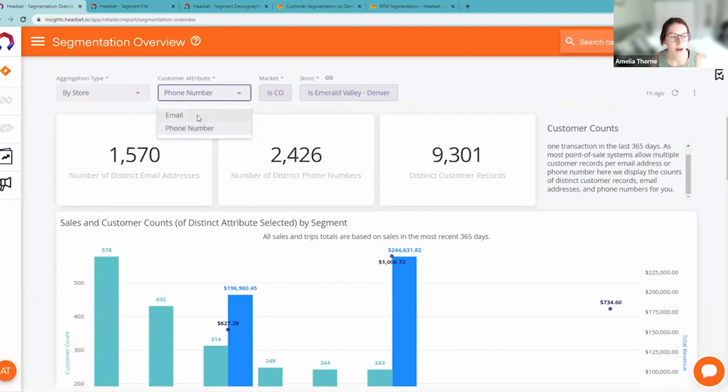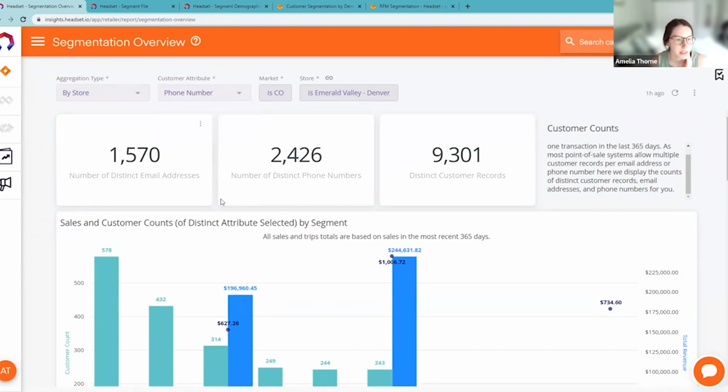So whether you have more emails or phone numbers, and I should say that this is being collected through your loyalty program, and we also count unique customer IDs as well. The customer attribute is just dependent on how you want to look at the data. Typically, if there's more of one, we can select that.